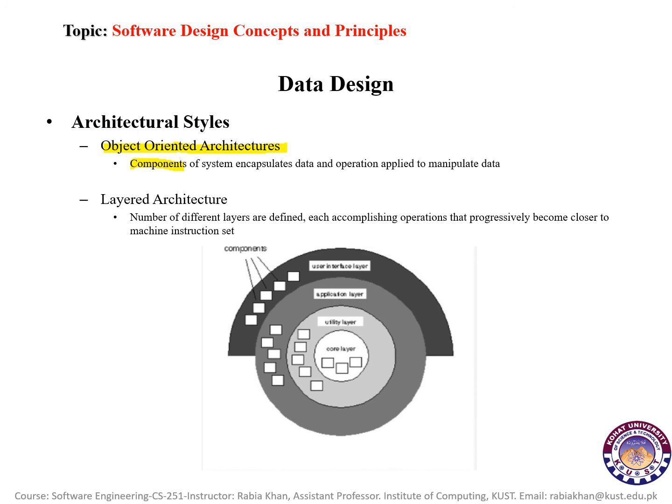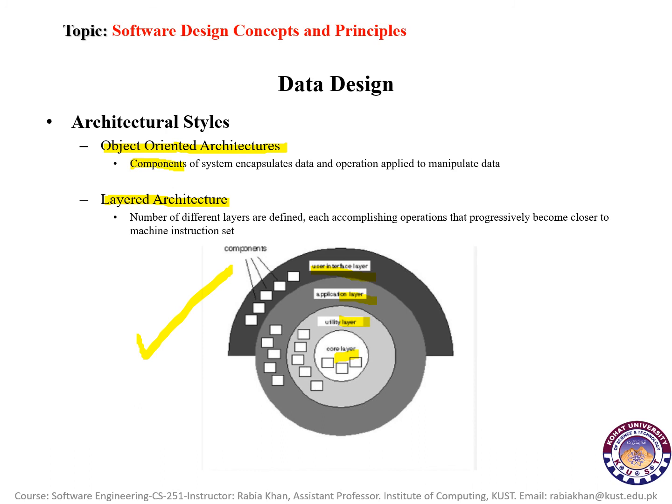The next common architecture is known as the layered architecture. The basic structure of layered architecture is shown in this diagram. A number of different layers are defined. Here you can see the first layer, second layer, third layer, and fourth, and so on, whatever layers are required.